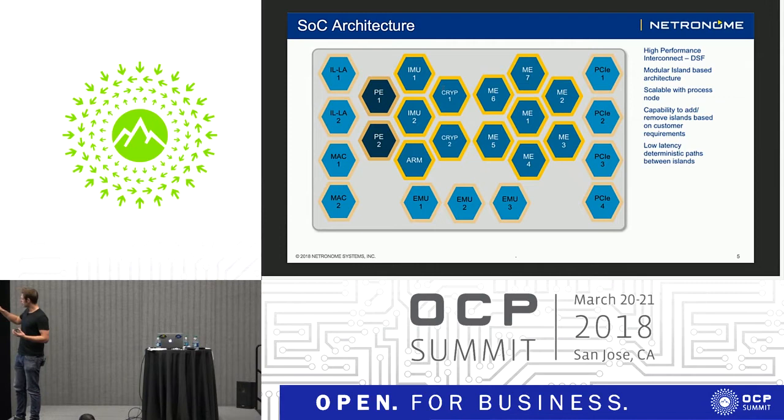The way we've structured it is that you've got these islands, which are called the ME islands. Those are the ones where the actual flow processing cores sit. Then you've also got crypto, internal memory units, external memory units, an ARM there for control, and other hardware accelerators sitting around the outsides. And crucially, for the multi-host case, you've got 4 different PCIEs, which can be used to route packets to 4 different hosts.